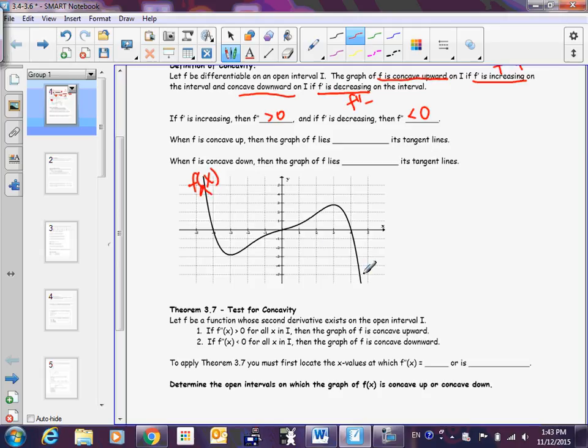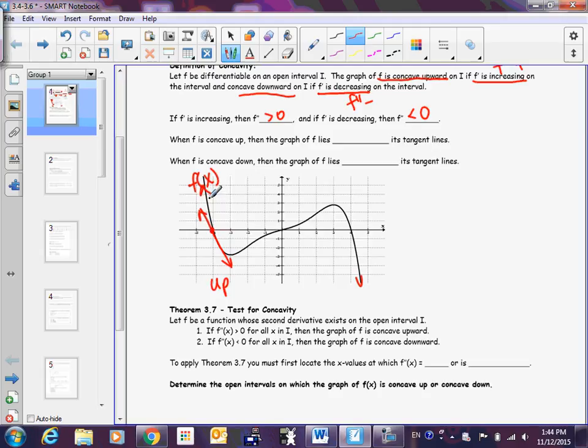Now, I think the extreme ends of this graph are a little more obvious. When I say concave up, I mean it is bent upwards. So over here on the left, we definitely have a concave up piece of graph. Here's another way we can know it's concave up. If I draw a tangent line at any point along this concave up piece, that tangent line is going to be down here.